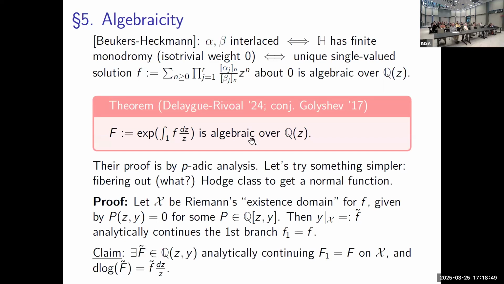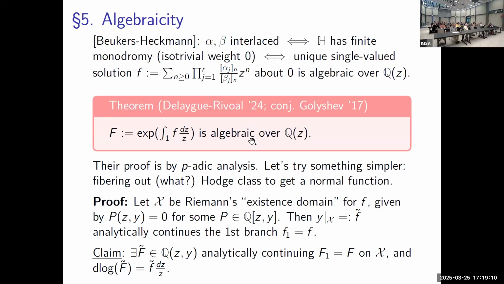And now I claim that there actually exists a capital F tilde as a rational function in Z and Y, analytically continuing the first branch capital F on X. And moreover, d log of this F tilde is little f tilde dz over z.